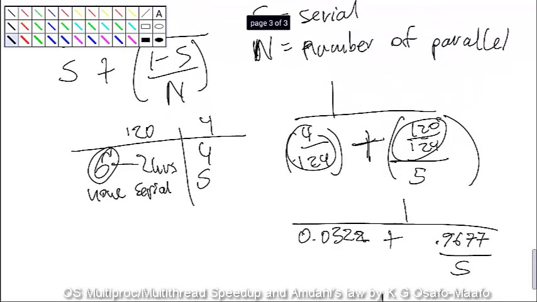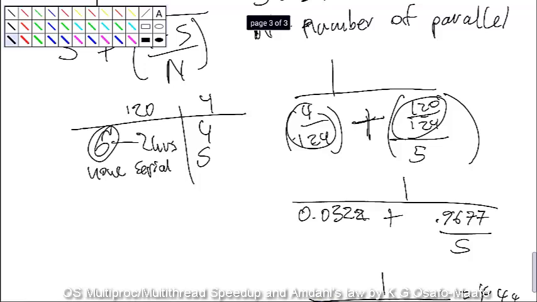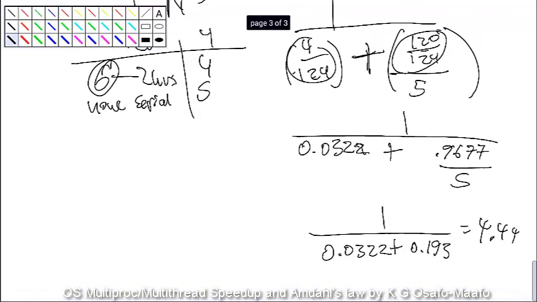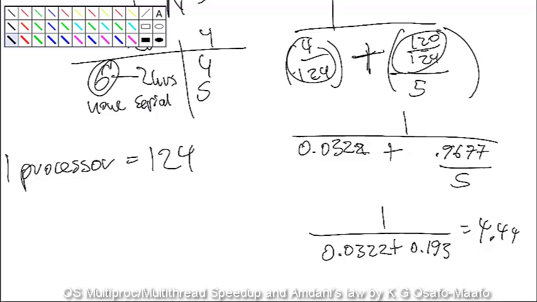And so in the first case, remember, if it's serial, if it's just one processor doing everything, the amount of time that it took was 2 hours and 4 minutes. But if there are 5 processors, we are saying speed up is going to be 4.44.